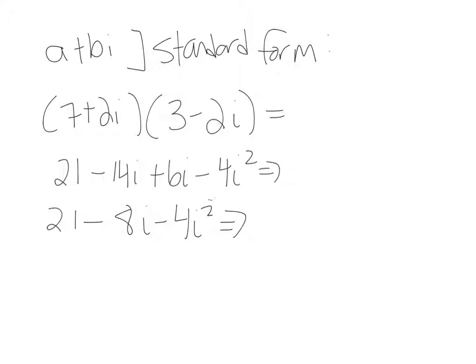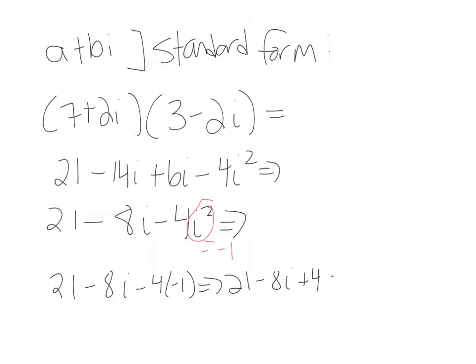Remember, i squared is negative 1, which means that this is 21 minus 8i minus 4 times negative 1. Right? So that is how you can multiply.